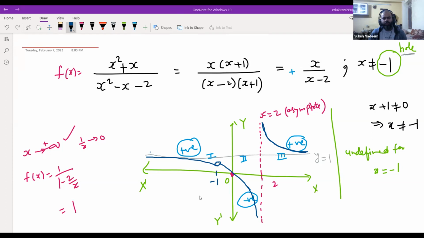There is no hole at x is equal to -1. That is why it is wrong. Done, sir.